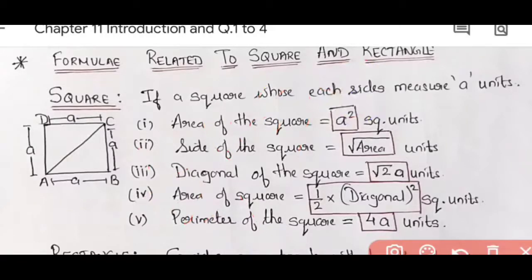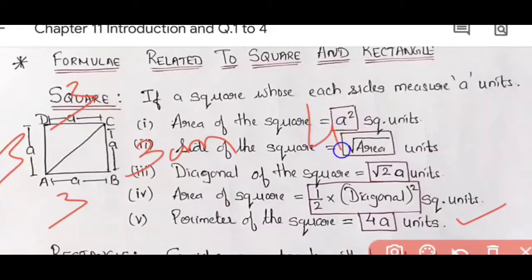Hope you are understanding. Now moving to the perimeter of the square. If they have given you, let us say, the side is 3 centimeter again, and they ask you to find the perimeter of the square, what will you do? Instead of doing 3 plus 3 plus 3 plus 3, you will place it in this formula directly, that is 4 into the side.